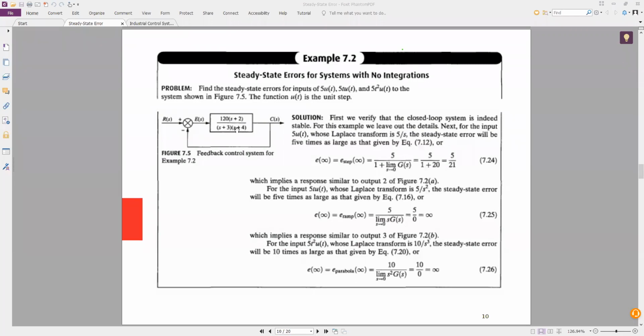If s equal to 0, then 3 into 4 is 12, and the denominator is 10 into 2, that means 20. Here 20, so 5 by 20. And similarly, if you have 5t u(t), that means 5 by limit s tends to 0 s into G(s). So with s equal to 0, that means 0. The lower part is 0, so it would be infinity. And for the 5t square u(t), similarly infinity.